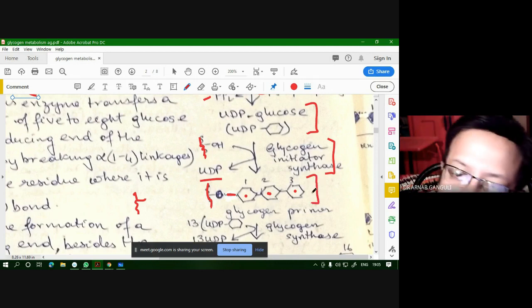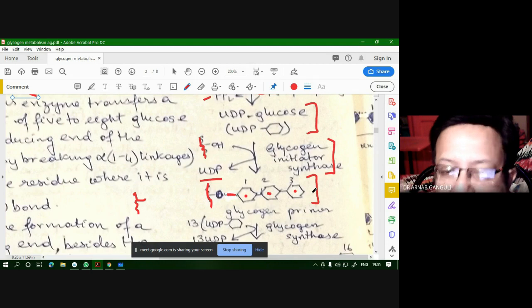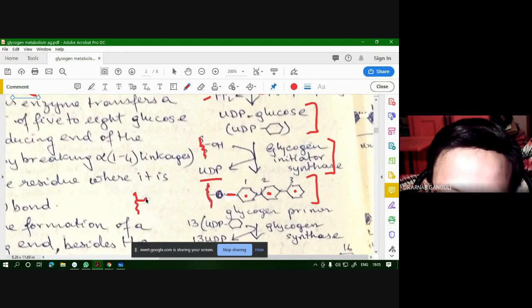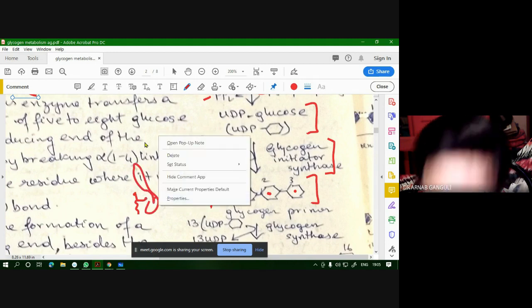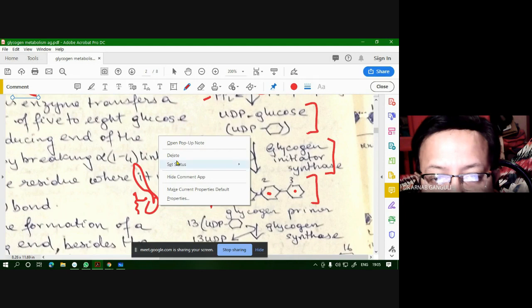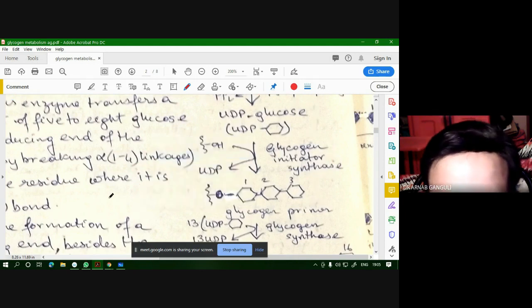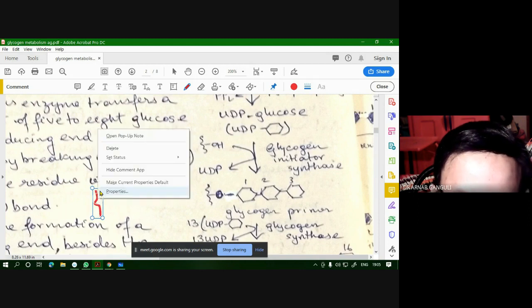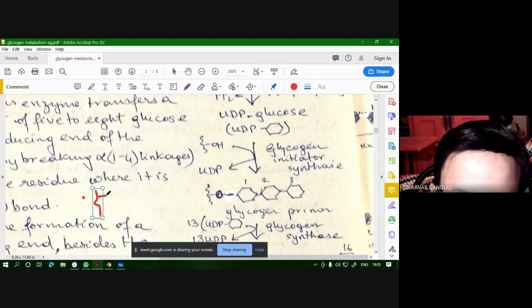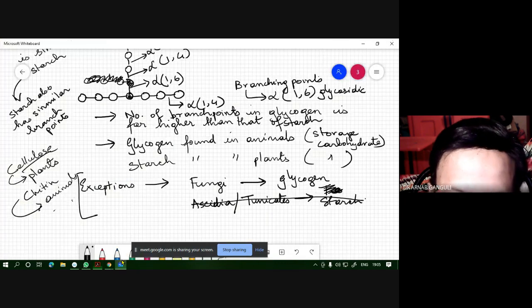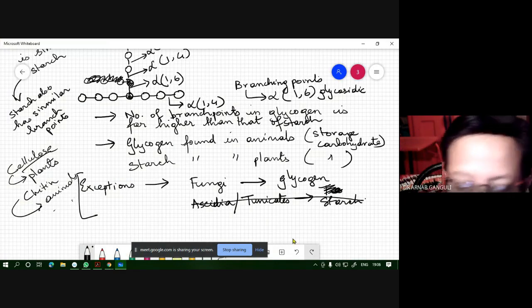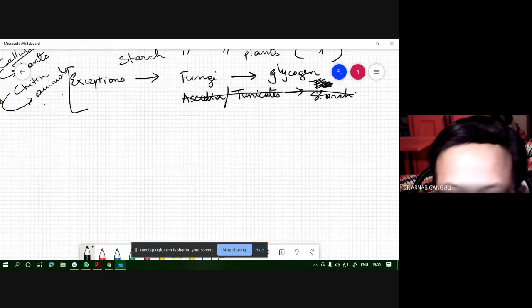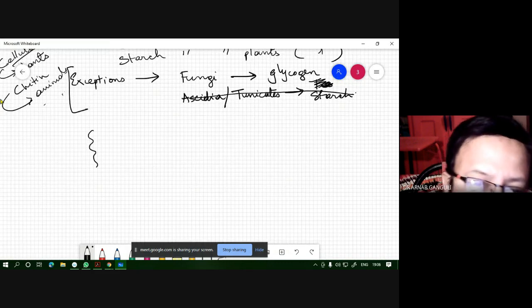That H goes, and to that another bond is formed, and gradually you need a trimer actually. You need 3 residues of glucose, at minimum, to start this glycogen synthesis. Okay, this is the base.